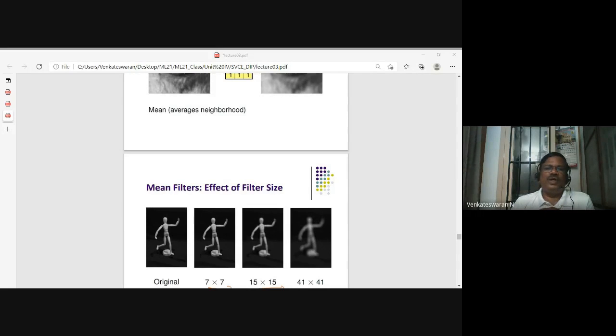So I will ask you to go through some recent magazines of IEEE, the IEEE Transactions on Image Processing and IEEE Transactions on Pattern Analysis and Machine Intelligence. If you go through these papers, you will know the current state of the art, the current research that is going on.